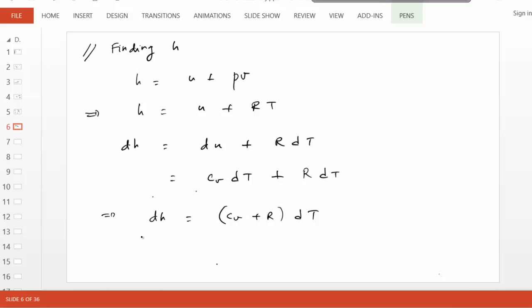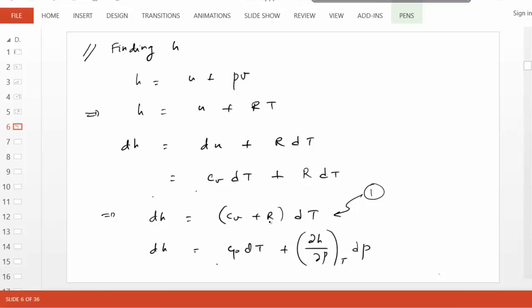Also, if I start with the thermodynamic relations, we could write dH to be Cp dT, if you recall, plus the partial of H with respect to P at constant temperature, dP. Now suppose we call the first equation number 1. We recognize that CV we already proved is a function of temperature for ideal gas, and it's a constant for perfect gas.